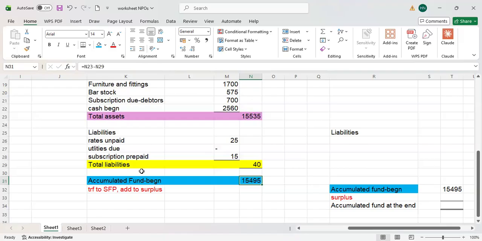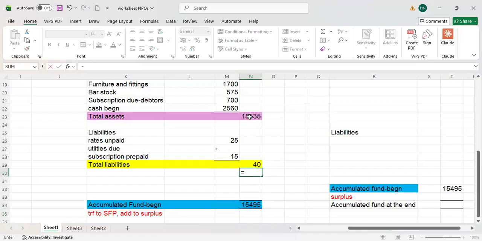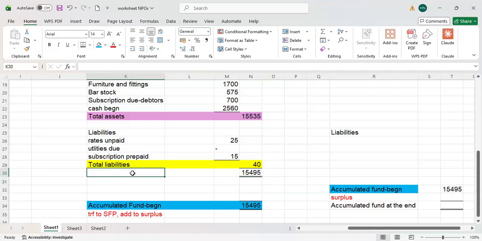Okay, so we can pull this a bit down and then show that our equation balances. So this would be our net assets, which is the same as our accumulated fund.